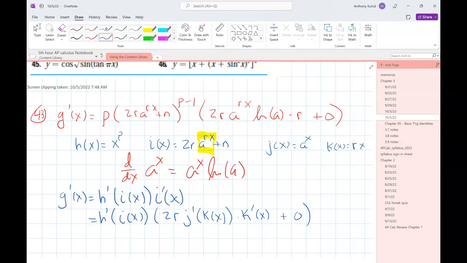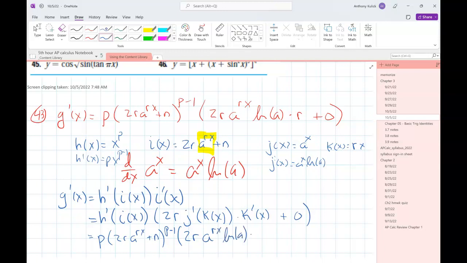So if I was filling this all in, the derivative of h would be rho times x to the rho minus 1. And then the derivative of j is a to the x ln a. And then the derivative of k of x is just r.